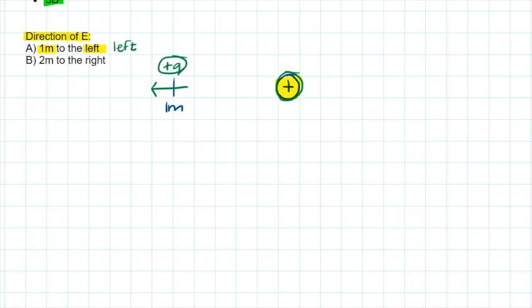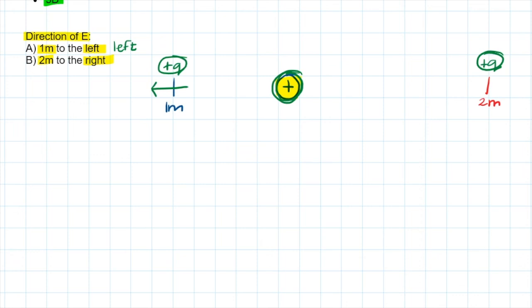If we then say determine the direction of the field 2 meters to the right, we'll do the same thing. We go 2 meters towards the right of this positively charged particle. We then take a positive test charge and we place it at that point. And we say, in which direction will this positive test charge move if it is placed at that point in the electric field of this positively charged particle at the center?